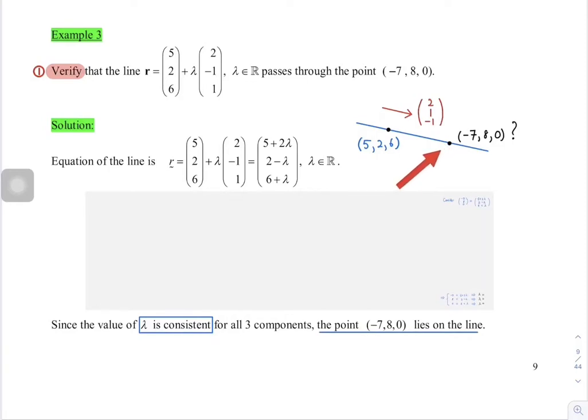As previously mentioned, in order for us to check whether this point is on that particular line, we need to see whether this point satisfies this equation. The equation of the line can be written in this form.